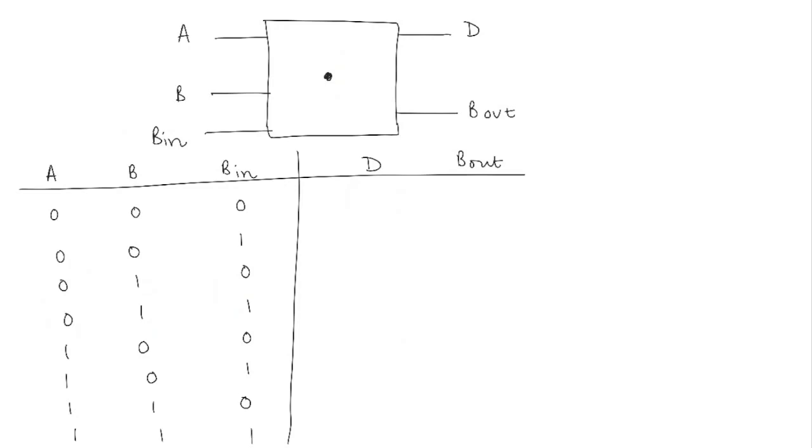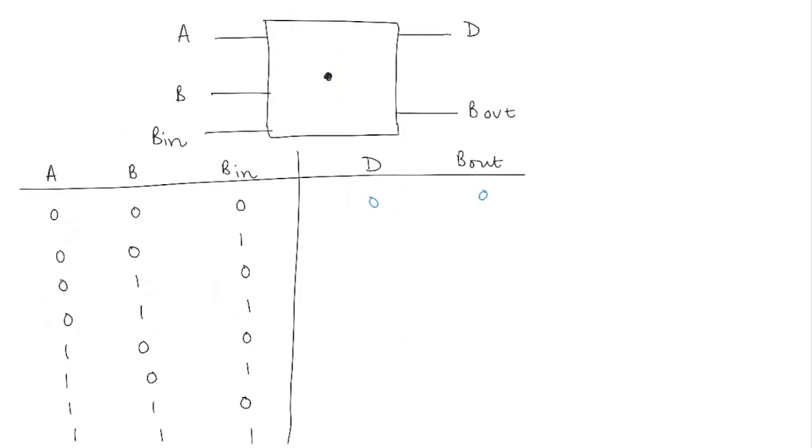Okay, so the first subtraction is 0 take away 0, and there is no borrow. So there has been nothing borrowed from A before. Okay, so that's fairly straightforward. The results are just 0 and 0. Now take a look at the next problem here.